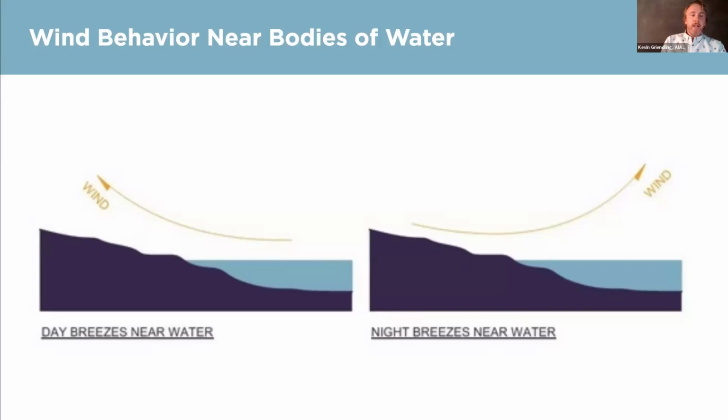But essentially, in the day, breezes will generally pull in off of a body of water, and they shoot up. And then conversely at night, the wind will pull out to the body of water and push up, based off of the temperature and pressures of the air, and as it's moving through our solar cycle.